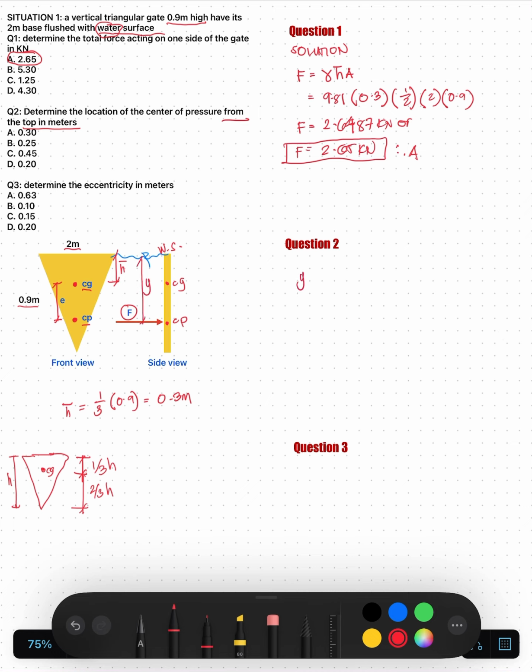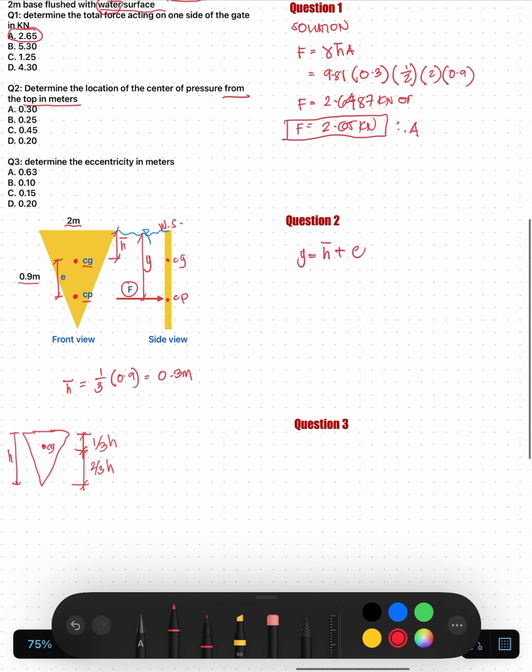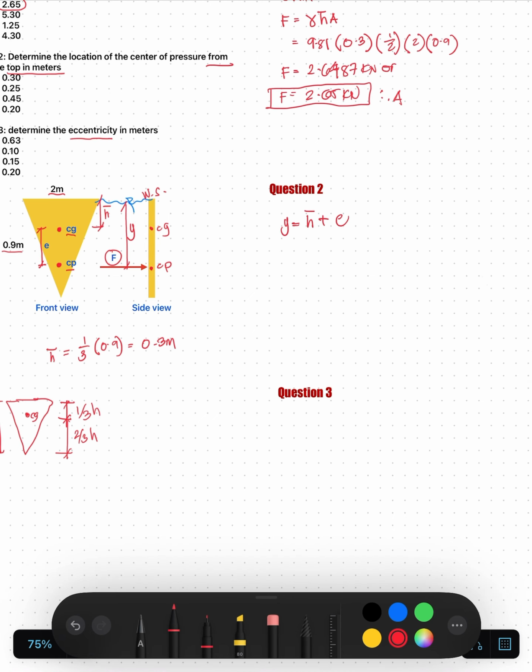This is the location of the center of pressure from the top. So that is equal to barred h plus the eccentricity. Now, we still do not have the eccentricity, but that is what we are looking for in question number 3. So we'll just proceed with question number 3.